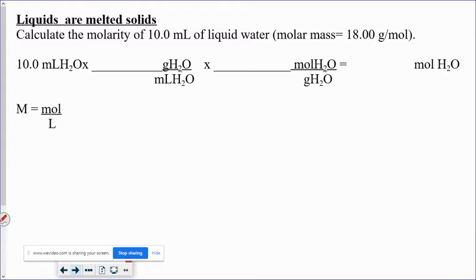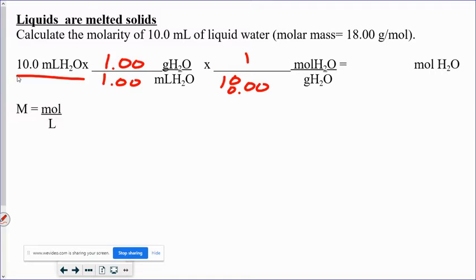Then we're going to do it with water. So here's some math that the students in class did. They started with 10 milliliters of water, and the density of water is 1.00 grams per 1.00 milliliters. And then the molar mass of water, 1 mole is 18.00 grams.